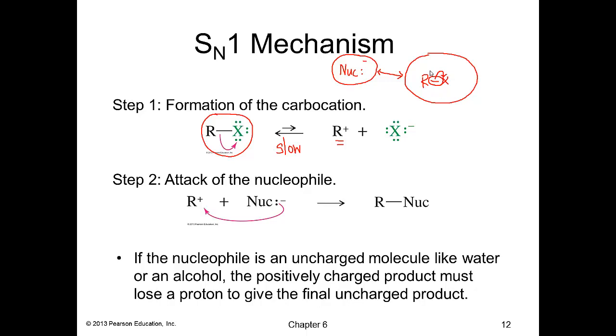Got to realize that there is actually a part to play by the nucleophile. And after you form the carbocation, this is the intermediate. The nucleophile can then do the normal attack because of the attraction between the negative charge and the positive charge to give the final product.